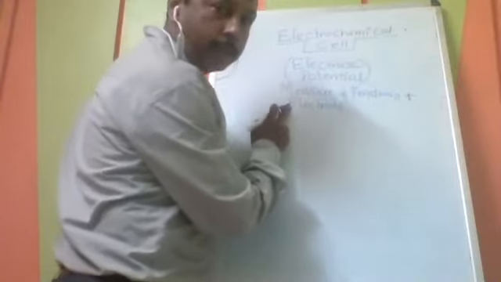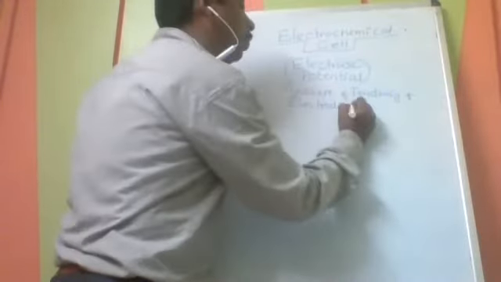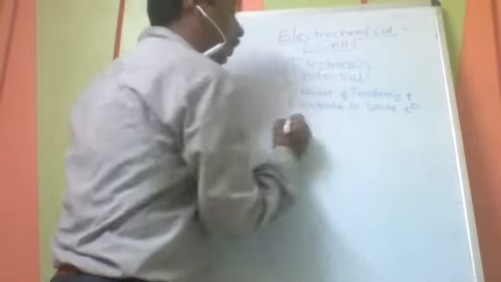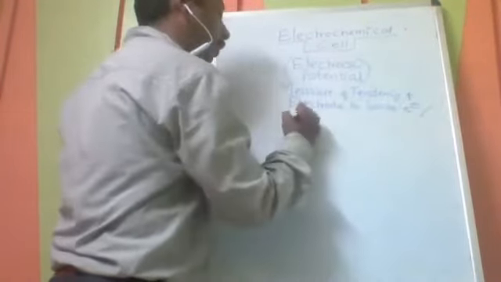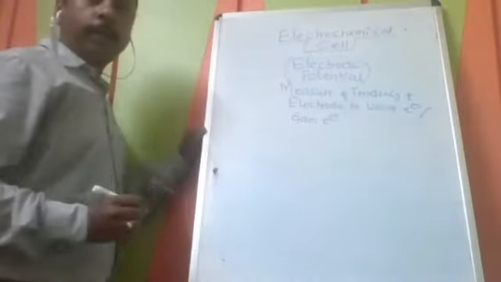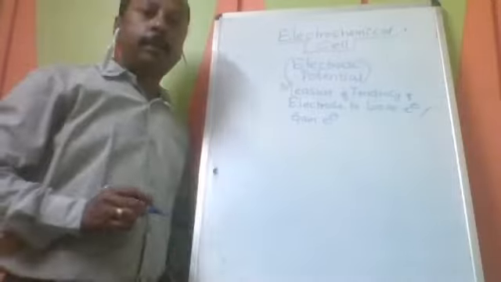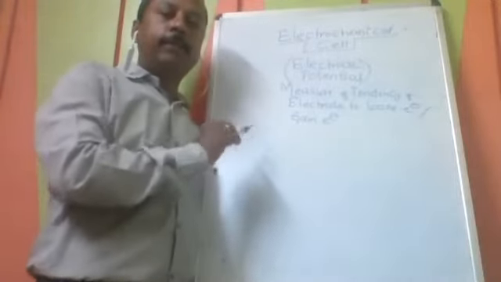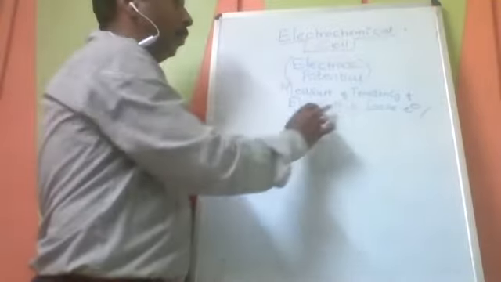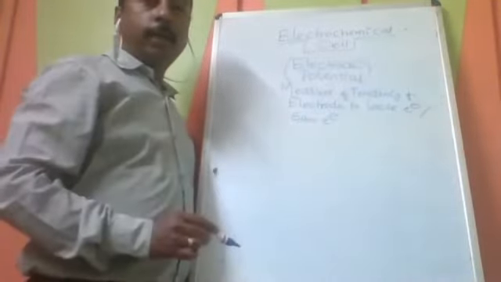A measure of the tendency of an electrode to lose electrons, or sometimes to gain electrons. Lose electron or gain electron. Electrode potential is a measure of the tendency of two things: to lose electrons or to gain electrons.